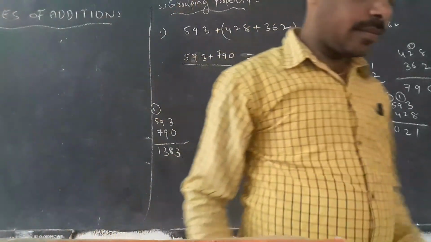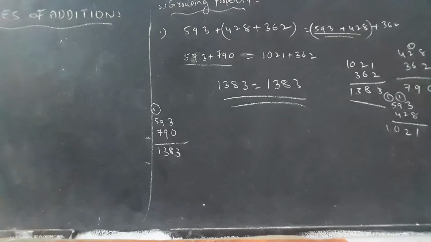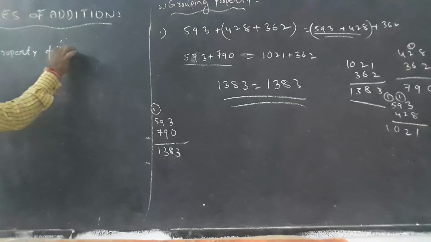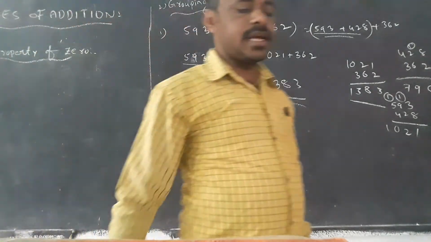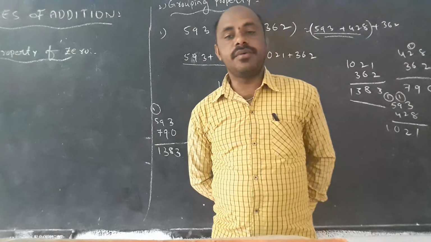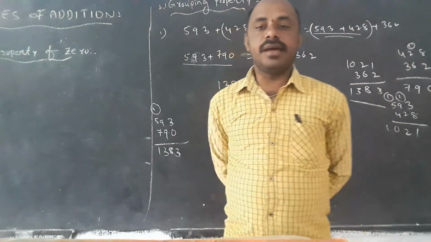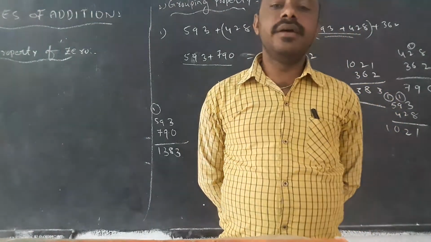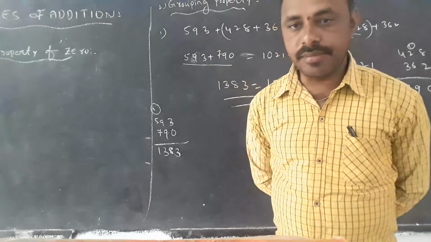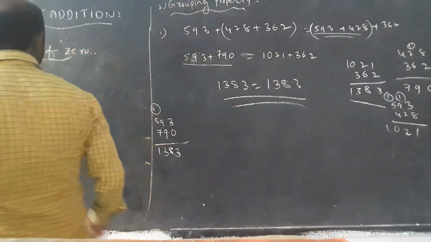Additive property of 0 means whenever we add 0 to a number, we will get the same number only. Whenever we add a number to 0 or 0 to a number, we always get the same number.